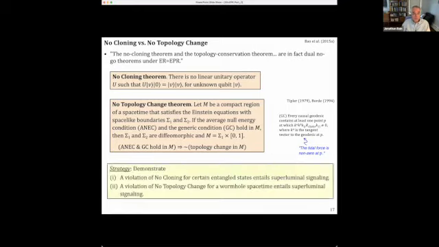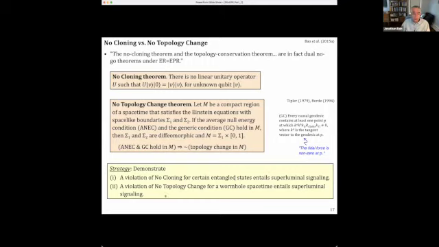Now, the strategy of Bao and colleagues in this article is the following. They demonstrate two claims. First, a violation of no cloning for certain entangled states entails superluminal signaling.